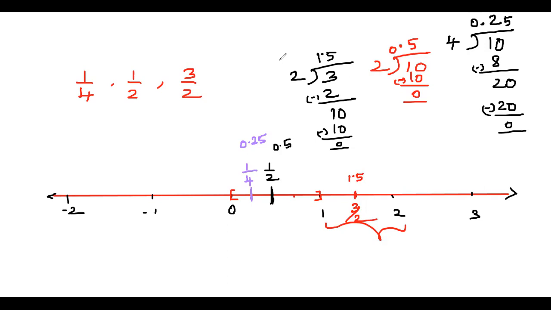Please note it down. It is not compulsory to make it into a decimal. But if you convert it into a decimal, it would be easy for you to guess.